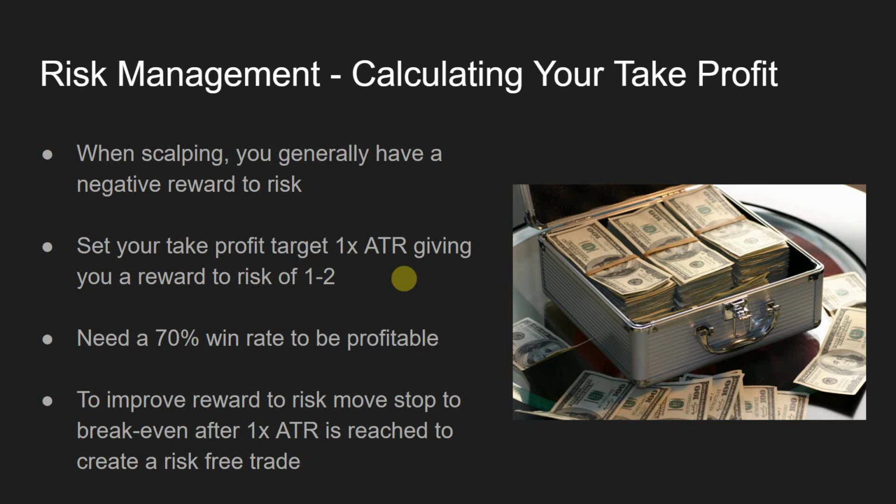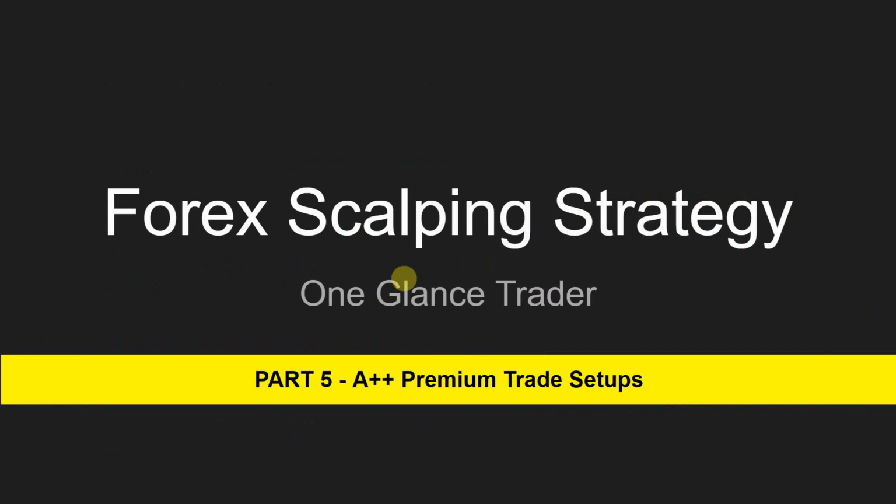So that is overall the main concept that I wanted to talk about for risk management. You should now start seeing the end screen with the thumbnail for the last part of this course, which is A++ premium trade setups. Again, we talk about some very optimal settings, the settings that I personally use now to trade this strategy.